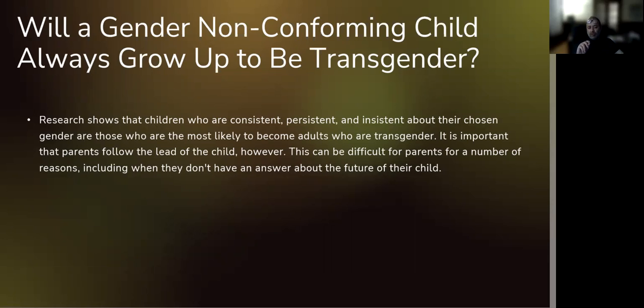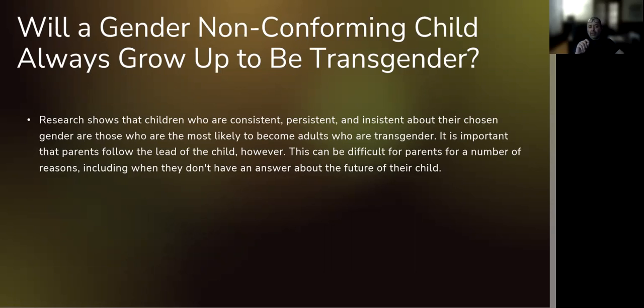So if they are involved from the get-go in something of their liking, then the chances are most likely for them to become transgender. So it starts really early on.